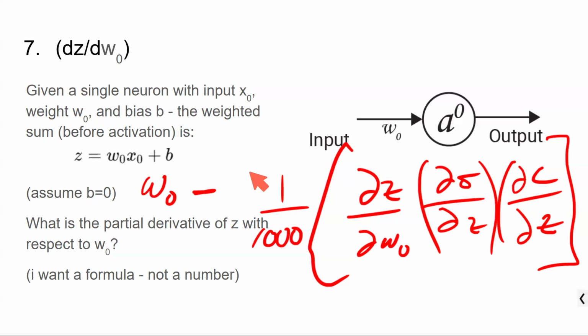I don't know if you're going to talk about this later, but let's say I have another input, X1 with W1, but I'm trying to take the partial derivative with respect to W0. Are you having other neurons down here or other inputs? Yeah, other inputs.